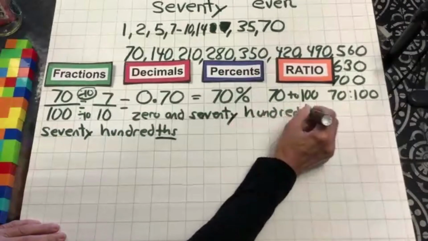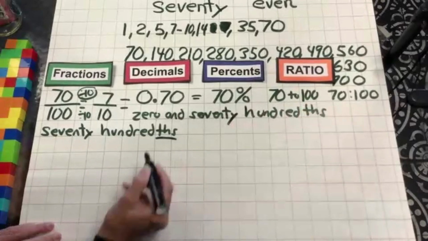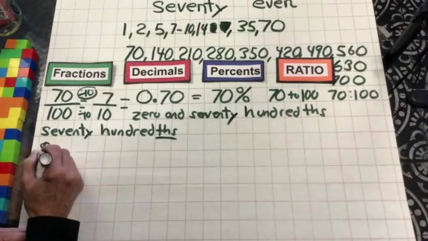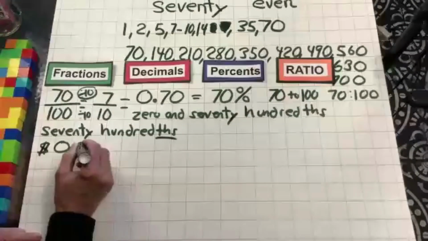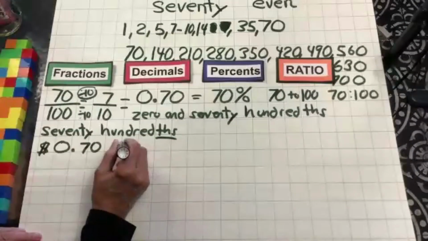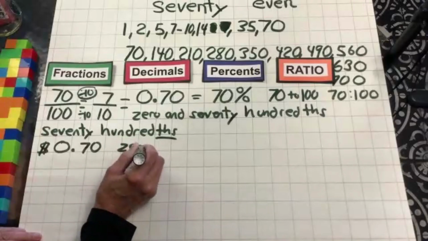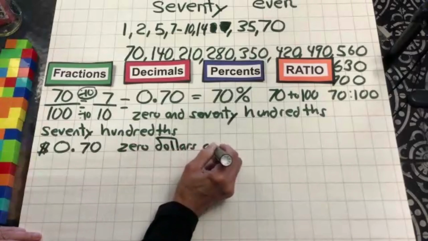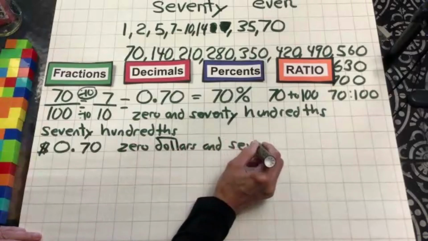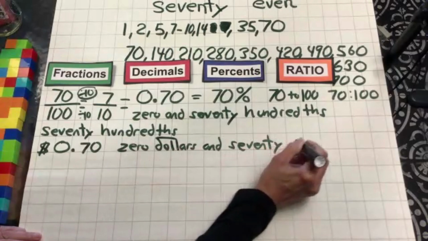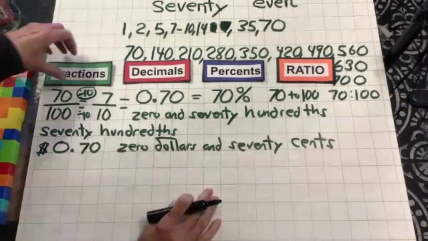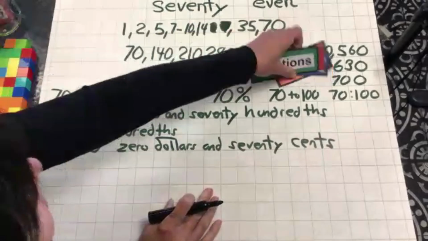Looking good. Let's take that 70 hundredths and put it into money, which would be $0.70. So we're going to write that down, $0.70. And we're done with fractions, decimals, percents, and ratios.